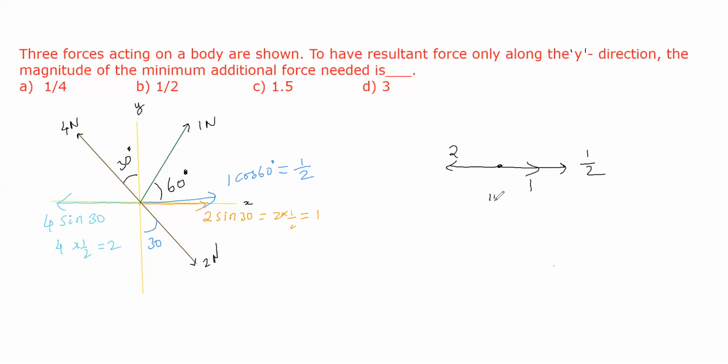So now simplifying, 1 plus 1 by 2 is 3 by 2, and this 2 is acting in the opposite direction. So the resultant force acting along the x direction is minus 0.5.